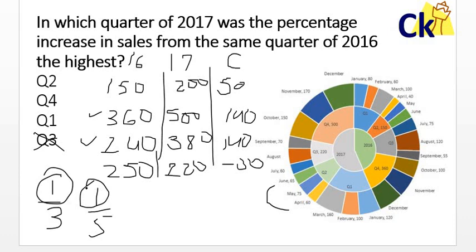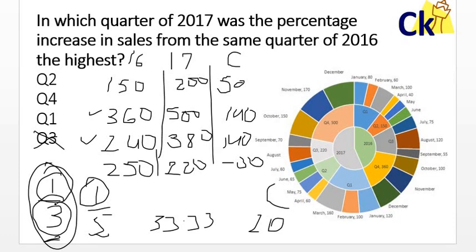Which one would be greater depends upon your denominator. Now we know that 1 by 3 is 33.33%, and 1 by 5 is nothing but 20%. So we know that the fraction which has a smaller denominator would yield a bigger number.